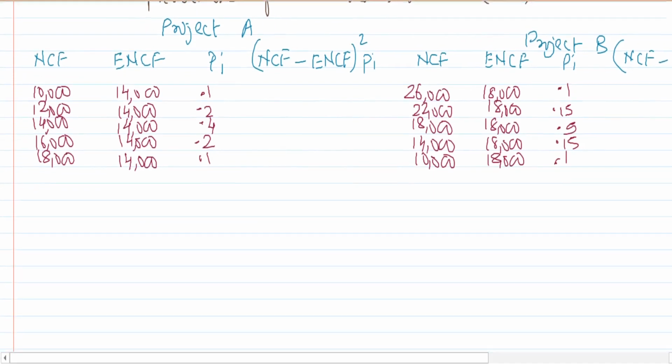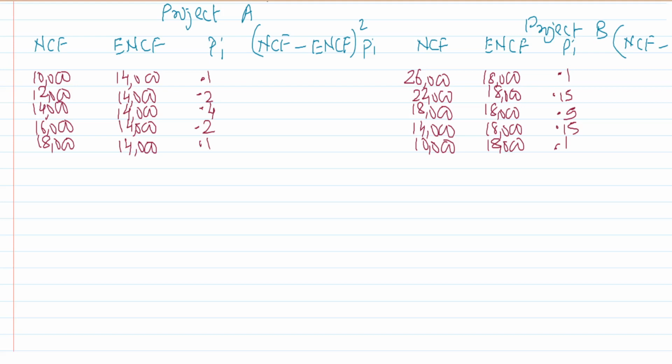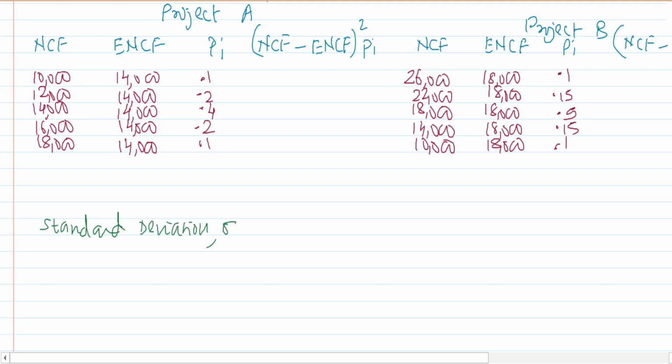Let's do the work. We say standard deviation sigma equals the square root of the summation of NCF minus expected NCF whole square into the probabilities.